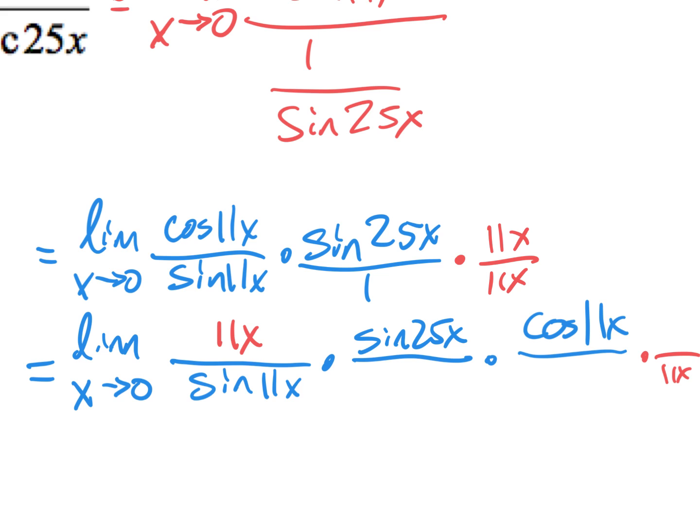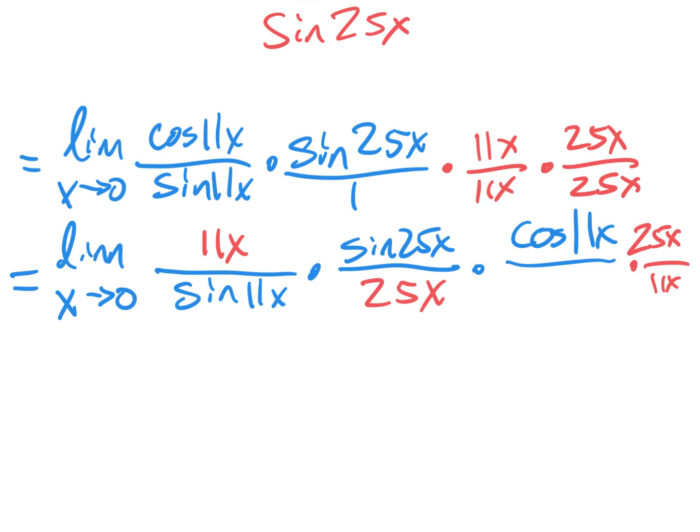This one is going over here, and this little extra one is going to tuck over there. Well, I wish I had a 25x under here because that would just go to 1. Well, I can get a 25x into my expression by multiplying the bottom by 25x and the top by 25x. So this 25x I'm going to write there, but I still need this 25x, and I'll just tuck it over here.